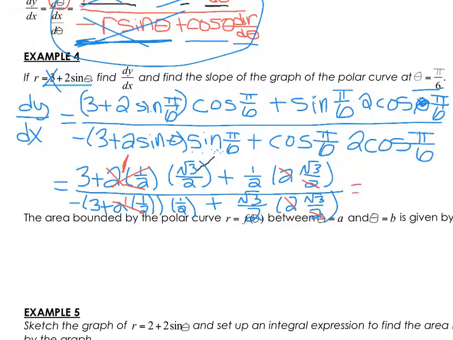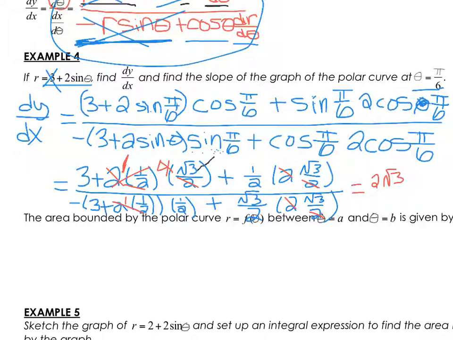So after some careful reducing, you've got 3 plus 1. So 3 plus 1, you've got 4 times radical 3 over 2. So if you have a 4, right, times radical 3 over 2, this 2 goes into that 4 2 times. So you're going to have 2 radical 3, okay?